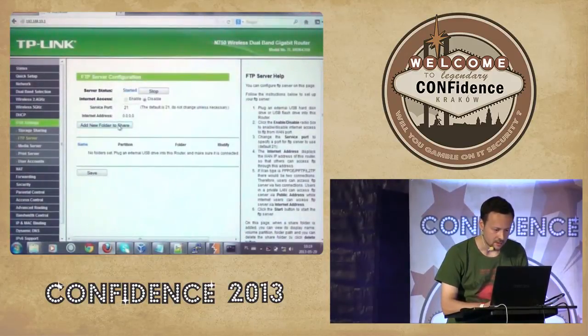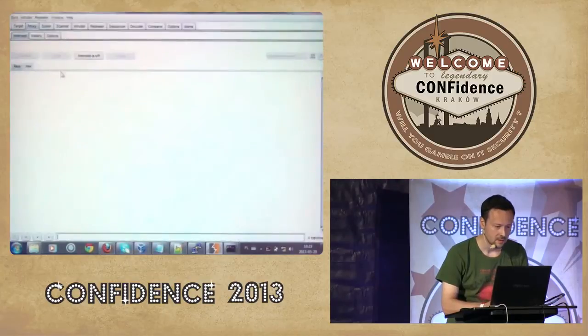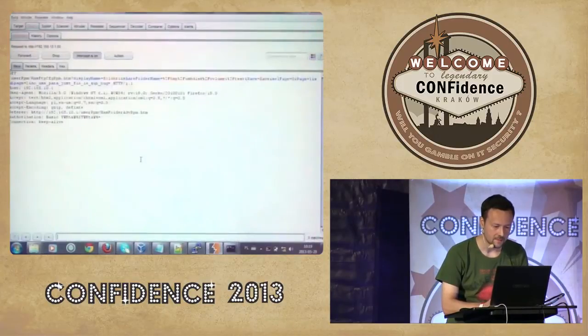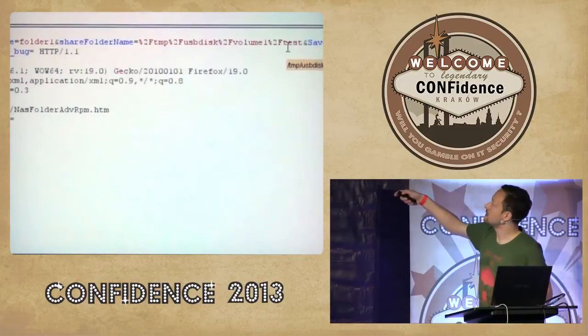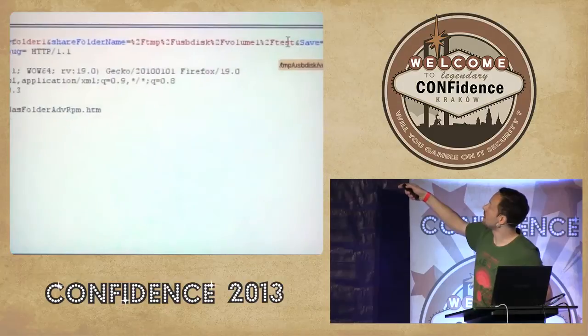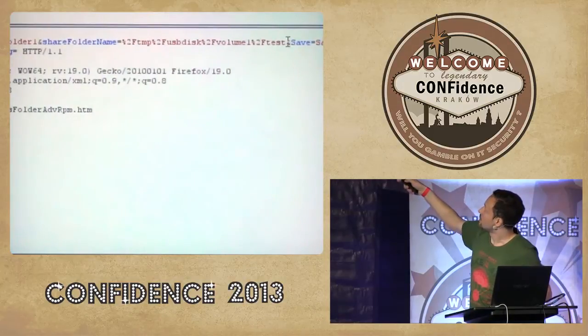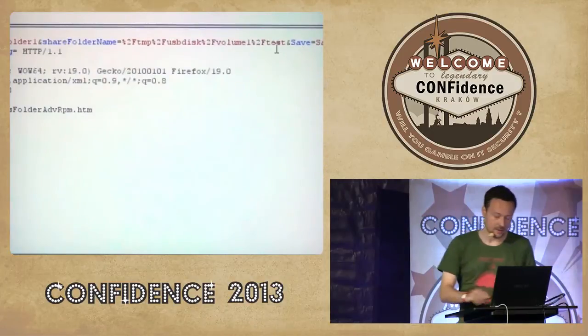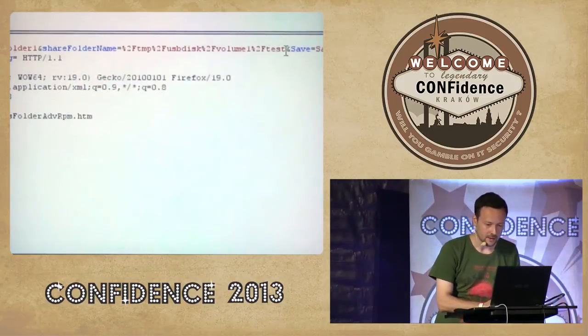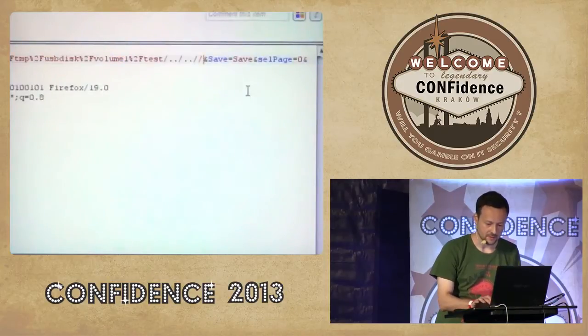So let's do this. Save. Okay, here is the HTTP request, and as you can see, there is a parameter called shared folder name, and here is sort of path to this test folder. I can change it, just very plain path traversal stuff here, to something like this.